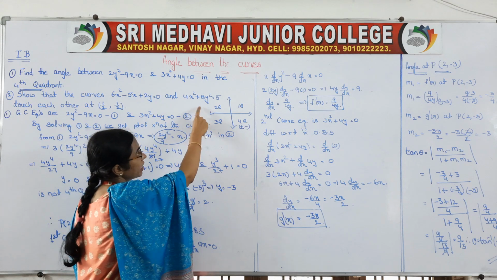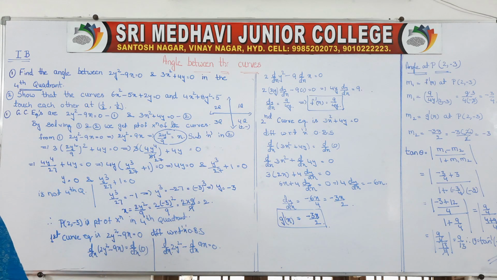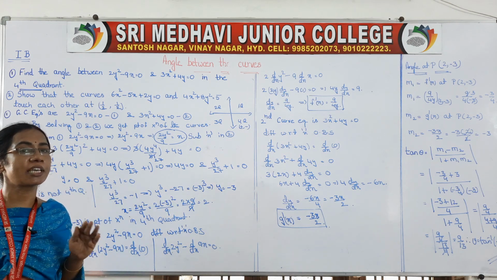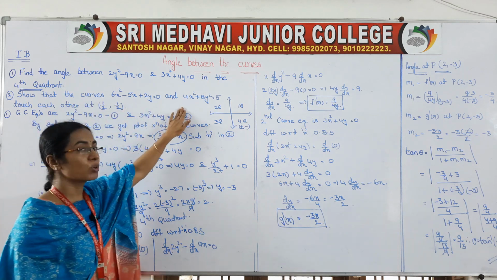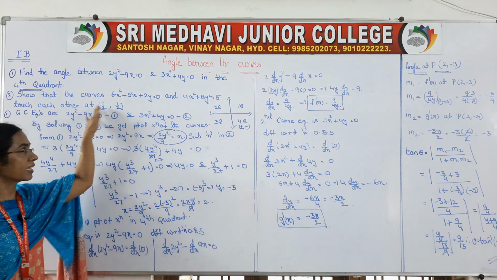Similarly, find g dash x, the derivative of the second function, at this point. If the derivative of the first function is equal to the derivative of the second function, then we can say that the two curves touch each other. Okay, so that is your second question.